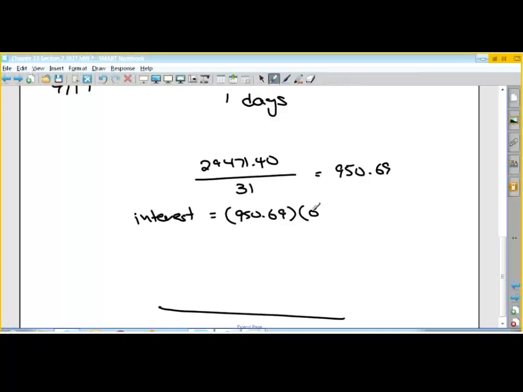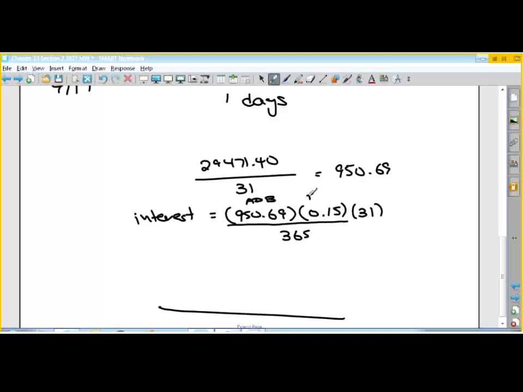I'm just going to make it up. Let's say it's 15%. So you'd use 0.15. That's your yearly interest rate. So we need to take that and divide by 365. That'll give me my daily interest rate, and then I multiply by the number of days, 31 days.